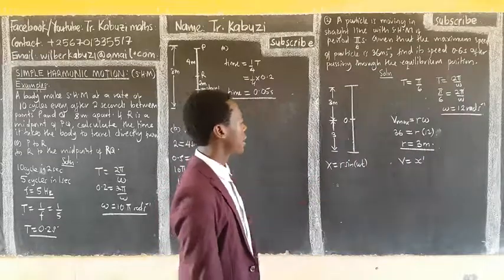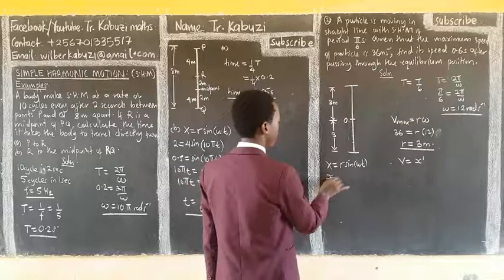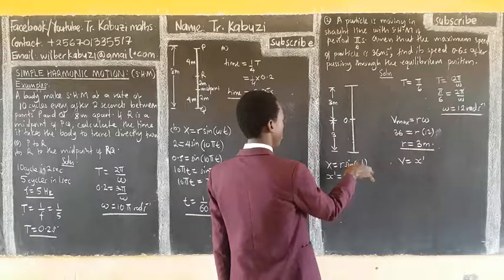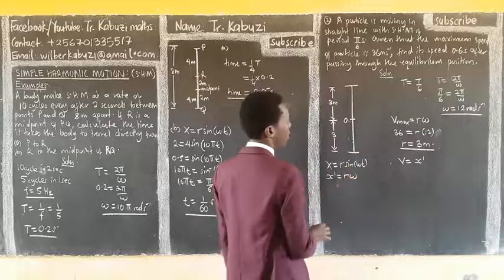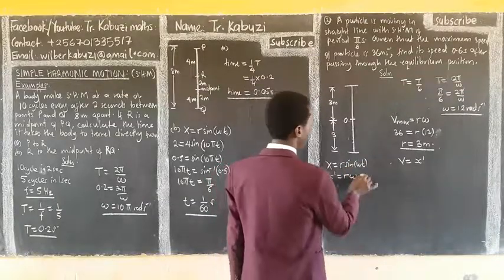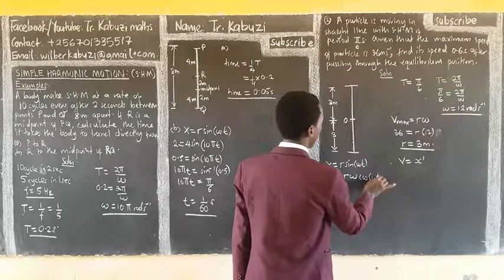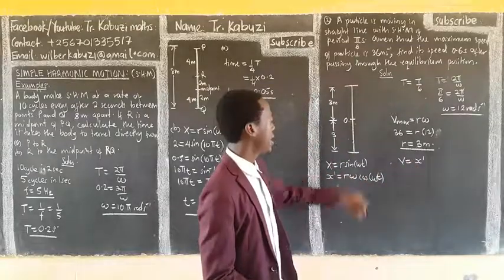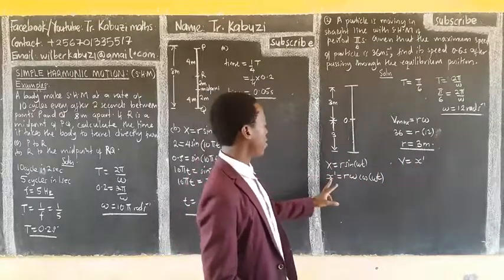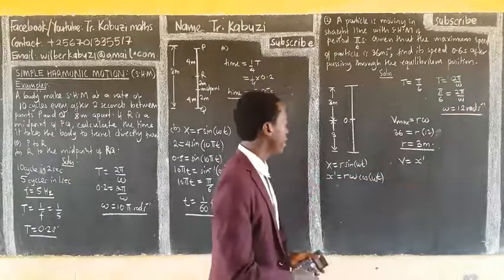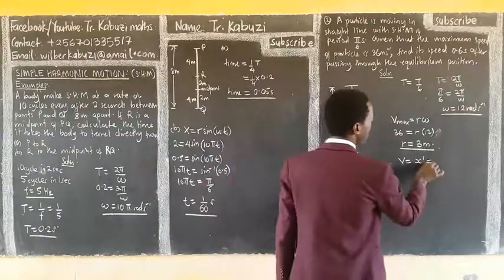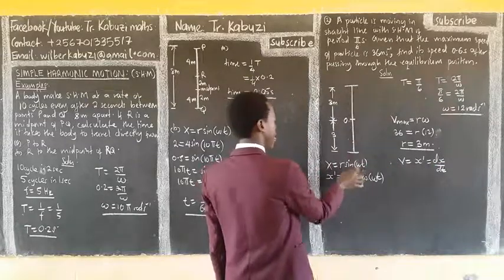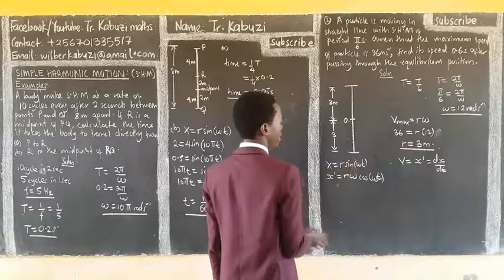So if we differentiate this, I'll be having x prime equaling r, we differentiate the sine, we get cos of ωt. So x prime is going to be my velocity, which in simple terms is the same as dx/dt.